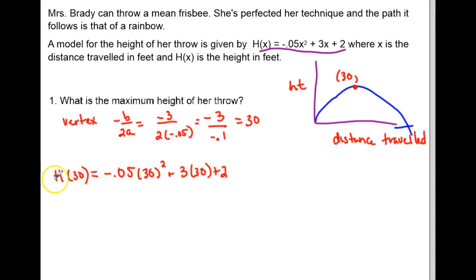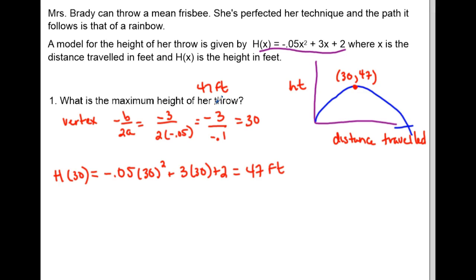And how does this work out? This calculates to be 47 feet. So if you put this in your calculator from left to right and use the parentheses, you should get 47 feet. So the maximum height of my throw, that's 47 feet.